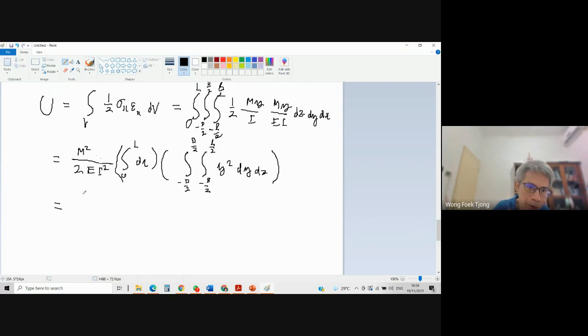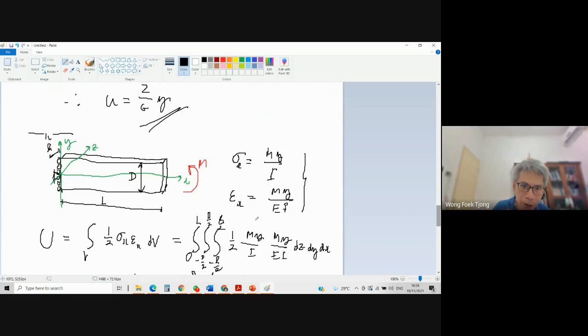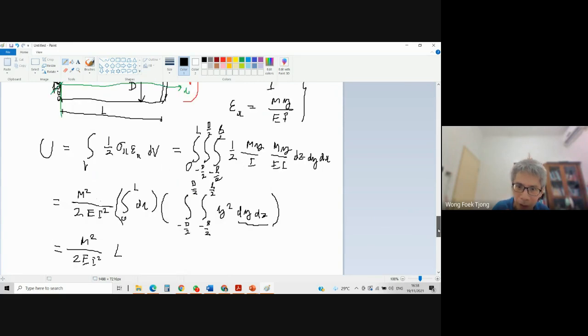Well, M square over EI square. This is L. Okay, the result is what? This is y square times dy dz, the integral of y square dy dz. But what is dy dz? You take a look at this cross section.